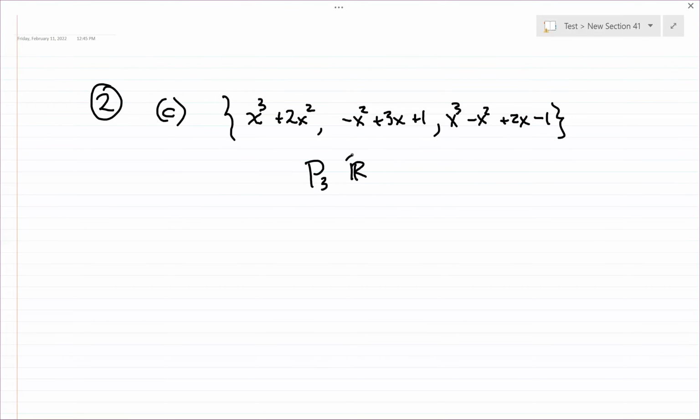So we are in P3R, which means P for polynomials, third degree with real coefficients. That's where we're in. So we're looking at things that look like a x cubed plus b x squared plus c x plus d, where a, b, c, d are real numbers. So that's how things in here look.